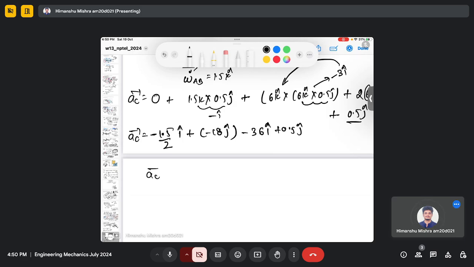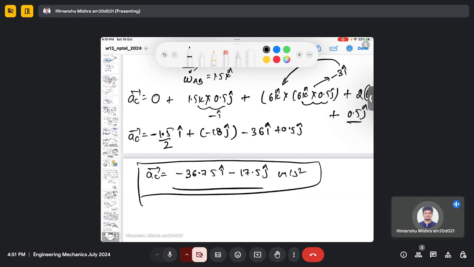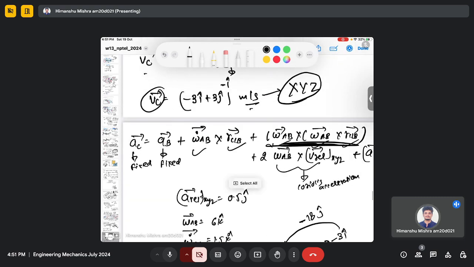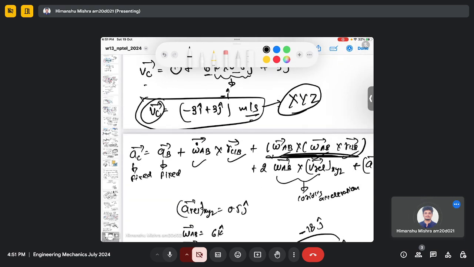So you will get a vector which is minus 36.75 i minus 17.5 j. So this will be your acceleration vector. This is your acceleration of point C in the fixed frame, and this is the velocity of C in the fixed frame.